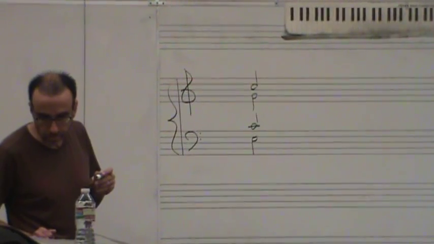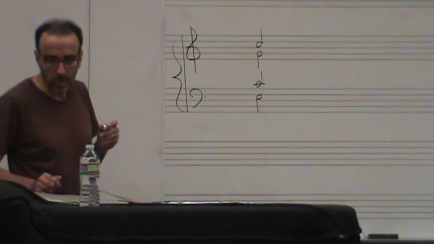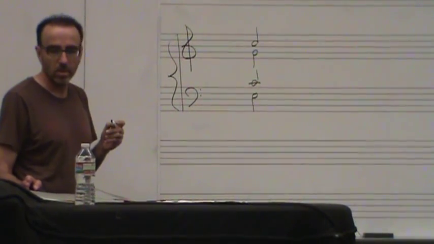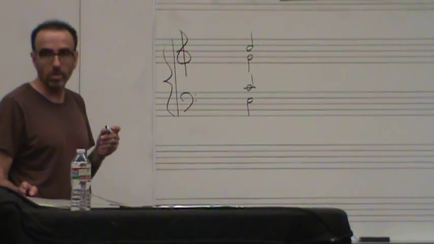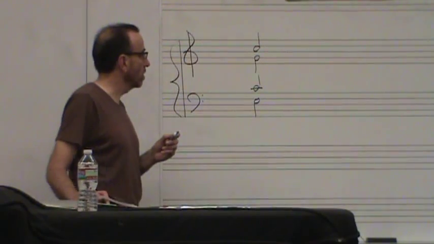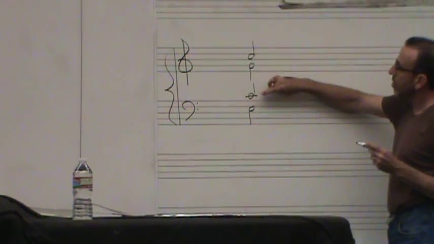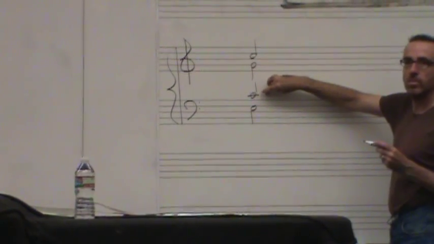If you want to take a look at this, because you've got 4 different choices for your doubling of a first inversion triad. The first choice is to double the soprano voice with an inner voice.